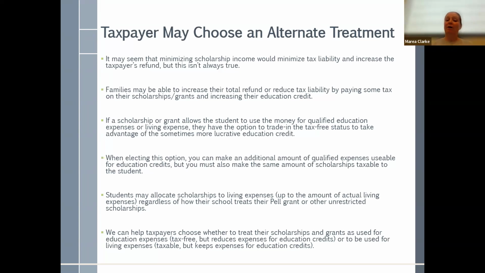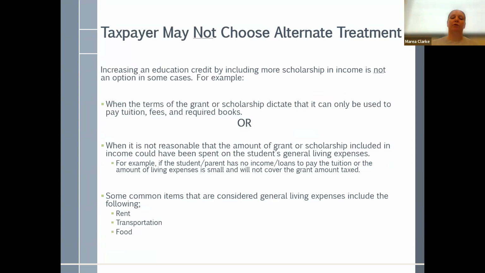Although it doesn't sound intuitive, sometimes because of those credits, it can actually be advantageous to have some qualified expenses and to claim, for example, the American Opportunity credits. Generally, if somebody wants to play that game, they will just prepare their return in each of the different ways, and they can see the effect of that for them.